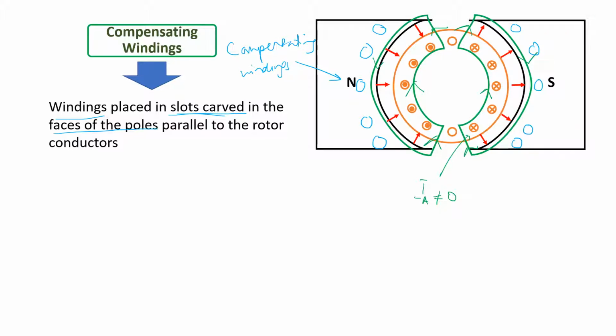And the compensating windings will be given current opposite to the direction of the armature winding. So on the north side, where the armature winding current is going out, the compensating winding currents will go in, as I'm drawing here. And on the left side, where the armature current is going in, the compensating winding currents will flow out.